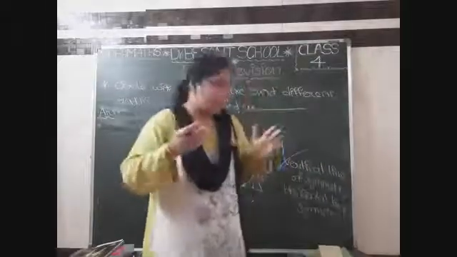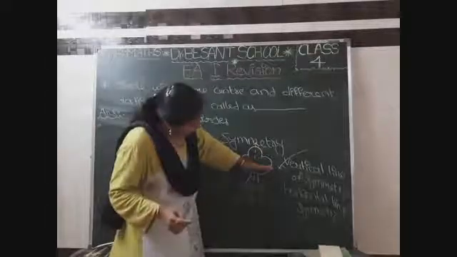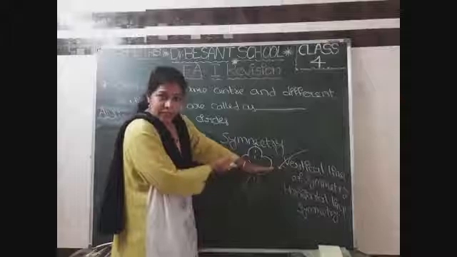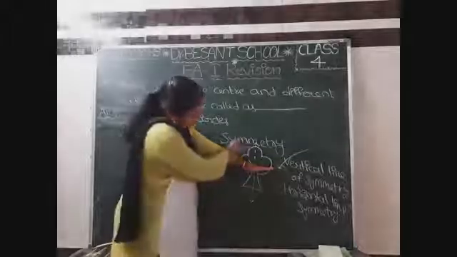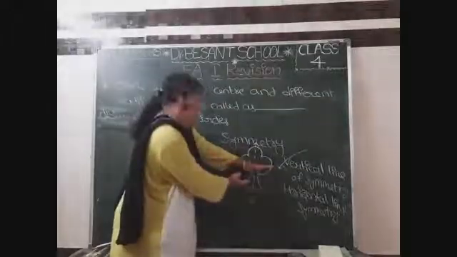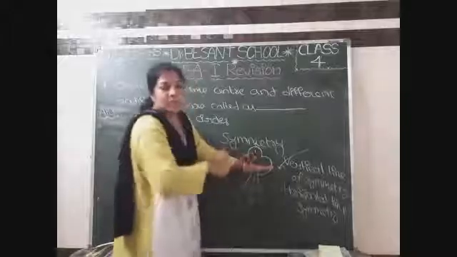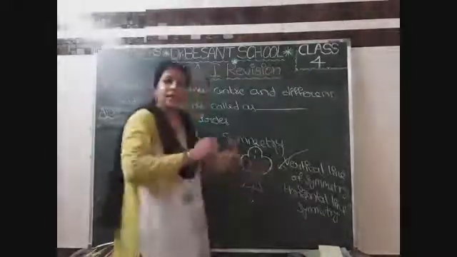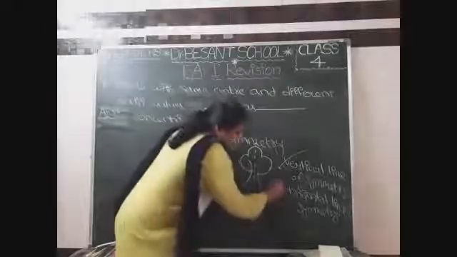Horizontal line of symmetry. See children, does this tree have a horizontal line of symmetry? Just imagine, if we draw the line in the middle like this, horizontal wise, both the parts are equal or not? Here in this case, here leaves are there, here stem is there, means both the parts are not reflections to each other, means this tree does not contain the horizontal line of symmetry.